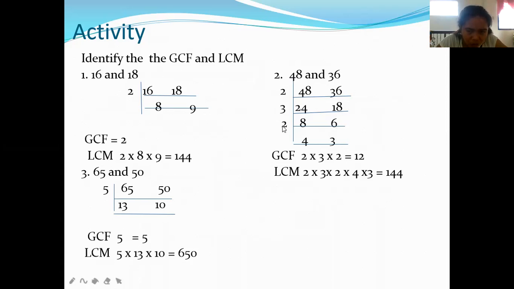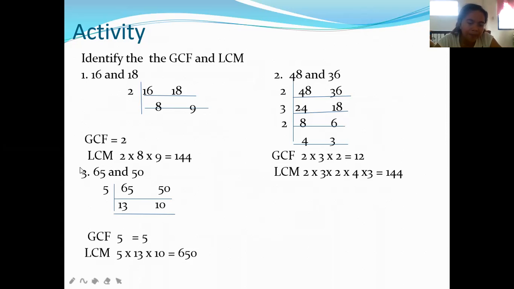So 8 divided by 2 is 4 and 6 divided by 2 is 3. Again, the numbers at the side are our GCF. 2 times 3 is 6, times 2 is 12. The GCF is 12. Then we bring down the side divisors and the last numbers for our LCM. 2 times 3 is 6 times 2 is 12. Then 12 times 4 is 48. Then 48 times 3 is 144.